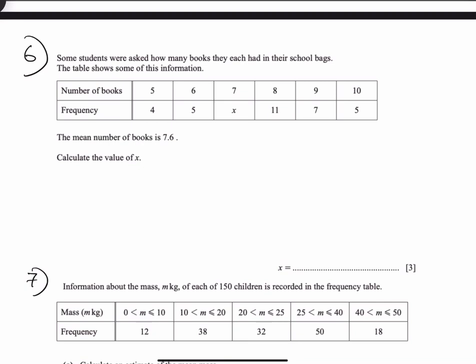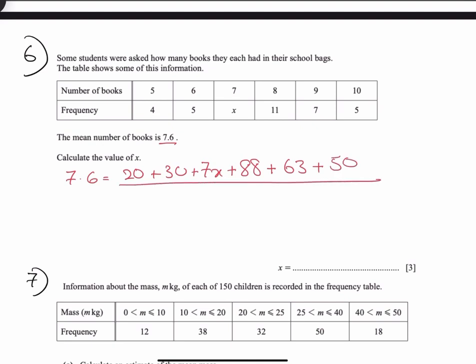After that, if they gave us the mean, which is 7.6, so 7.6 equals 5 times 4. Let me just directly do the math. So 5 times 4 is 20, 6 times 5 is 30, plus 7 times x is 7x, 8 times 11 is 88, 9 times 7 is 63, 10 times 5 is 50, all divided by the total frequency.